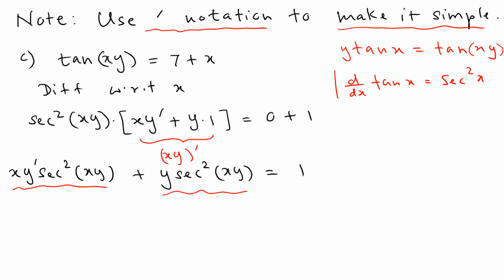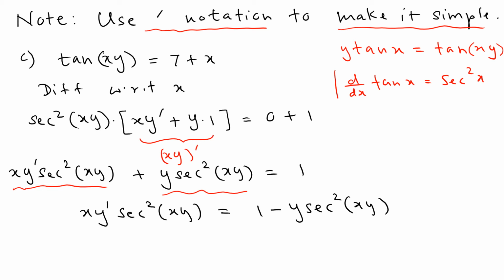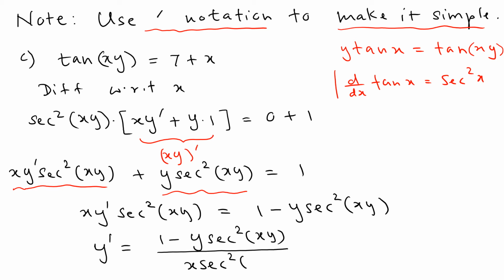So the next step is x y prime secant squared xy equal to 1 minus the other term, and then y prime equals 1 minus y secant squared xy over x secant squared xy. So that is the derivative you get. Let's look at the next problem now.